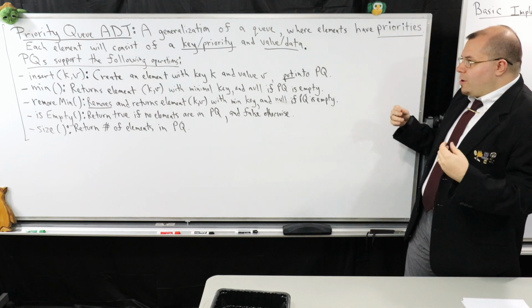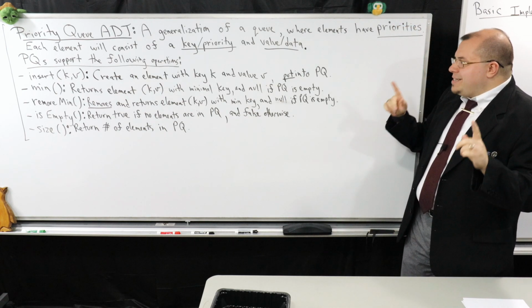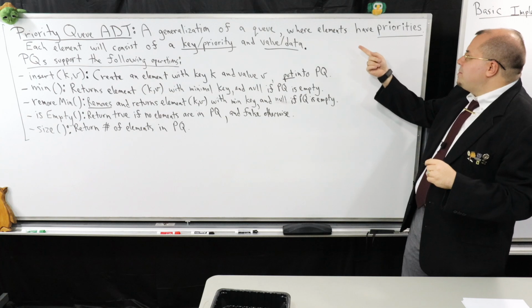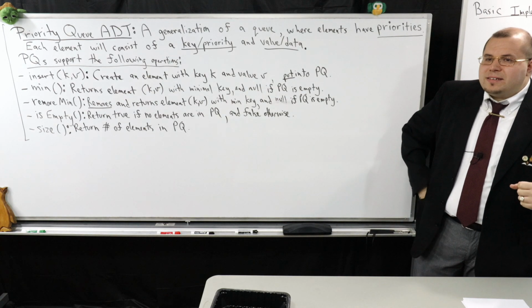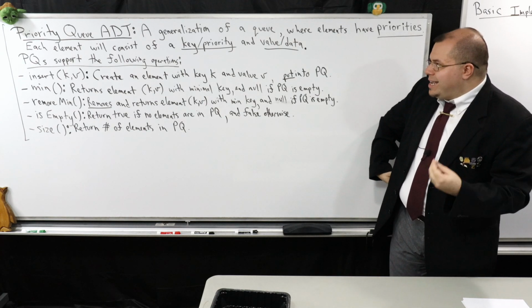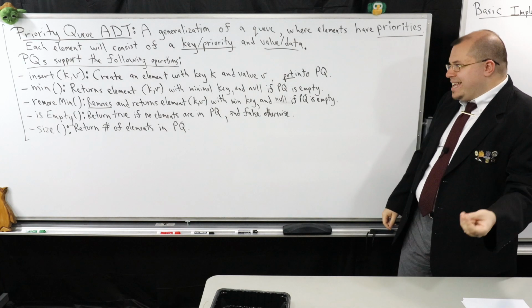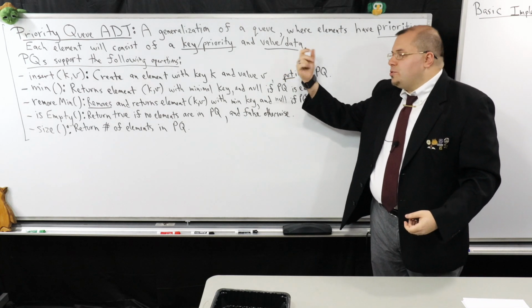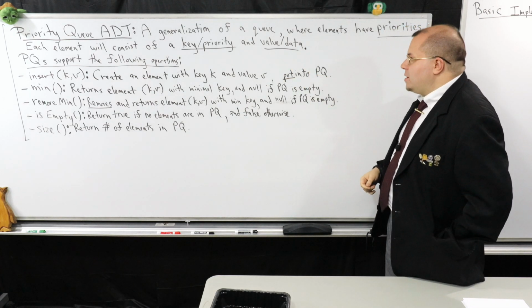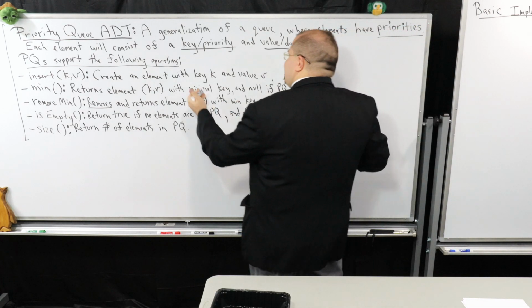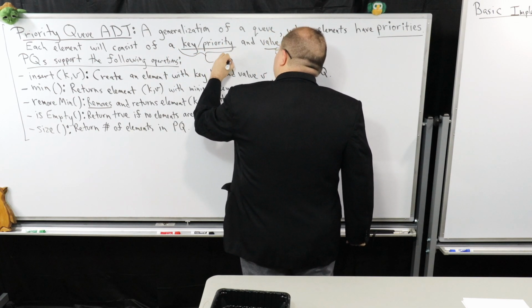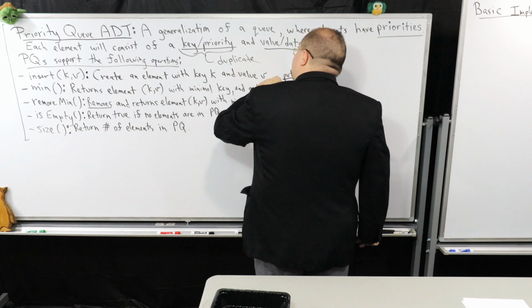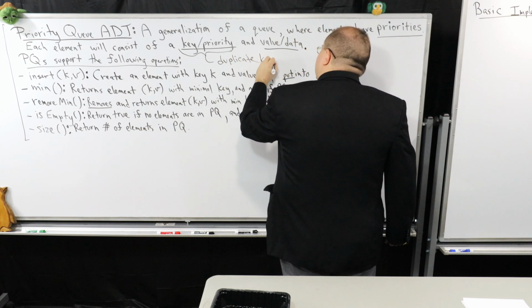Now, in a priority queue, the difference here is that the elements have priorities. So each element is going to have two properties: a key, or priority, and some value or data. I'm often going to call it a key. Now, just as a remark, I'm allowed to have duplicate keys, so two elements are allowed to have the same key.